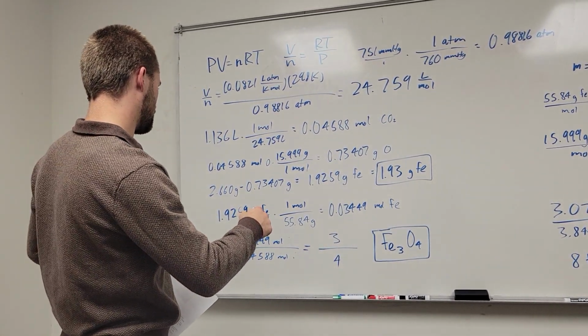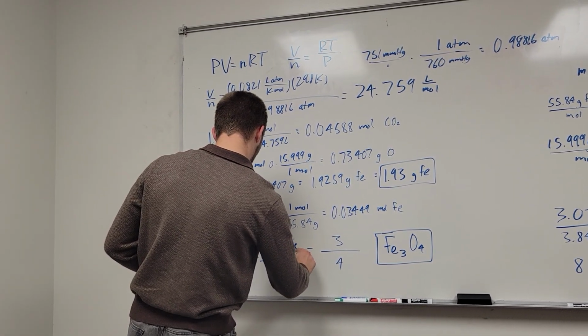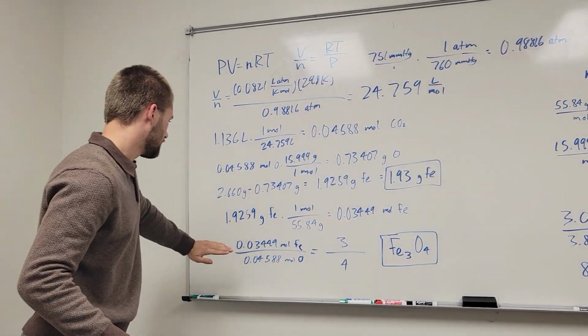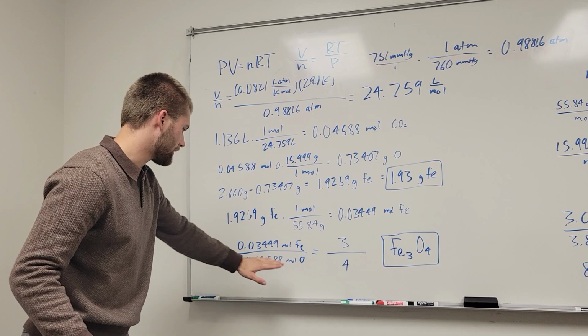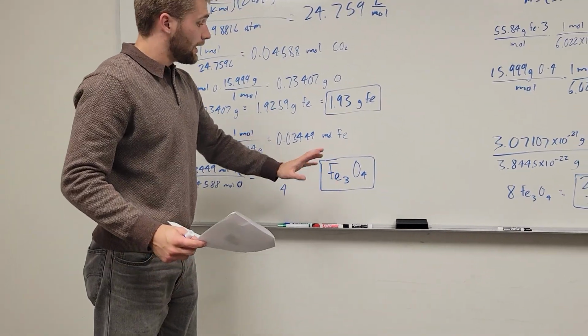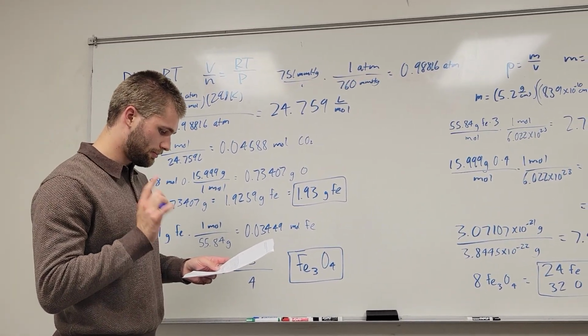I did something backwards. This is iron. Okay, my apologies. Using this value we got here, there are this many moles of iron per this many moles of oxygen, the ratio 3 to 4. So the formula here is Fe3O4. Perfect. So that is the answer to question B.